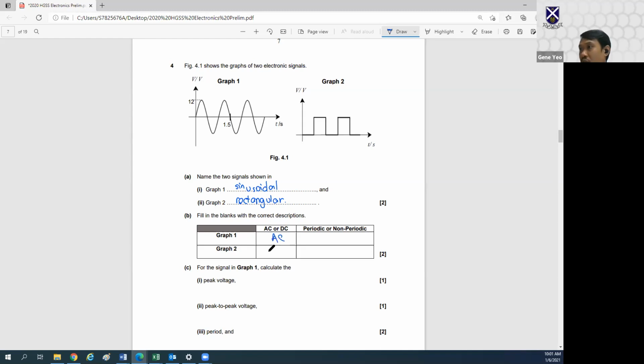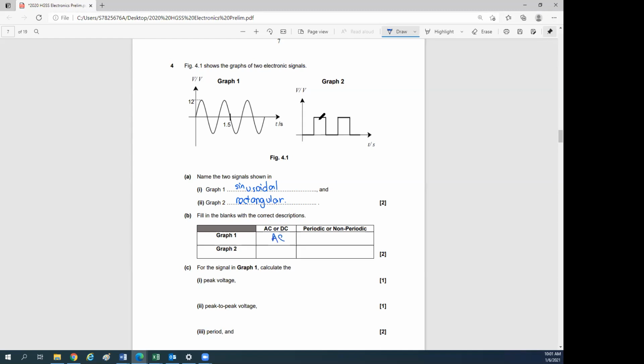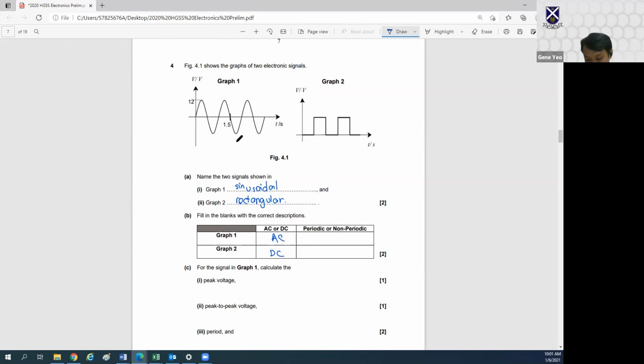Ruhan, what's graph 2? This fella, AC or DC? DC. Excellent. Okay, so both these graphs, because they follow a fixed period, both of them are periodic.